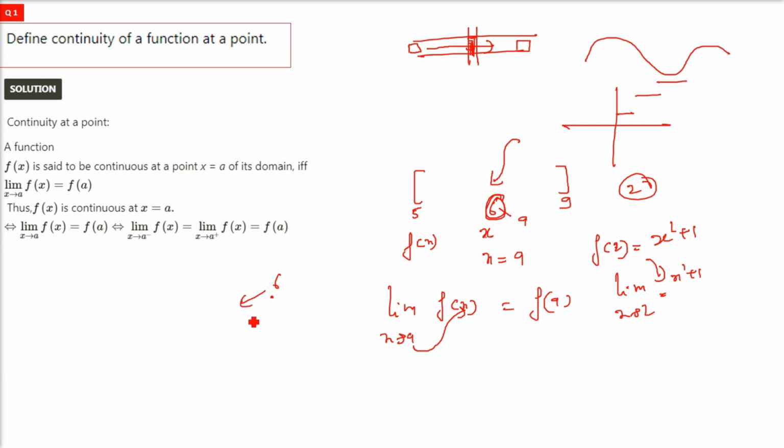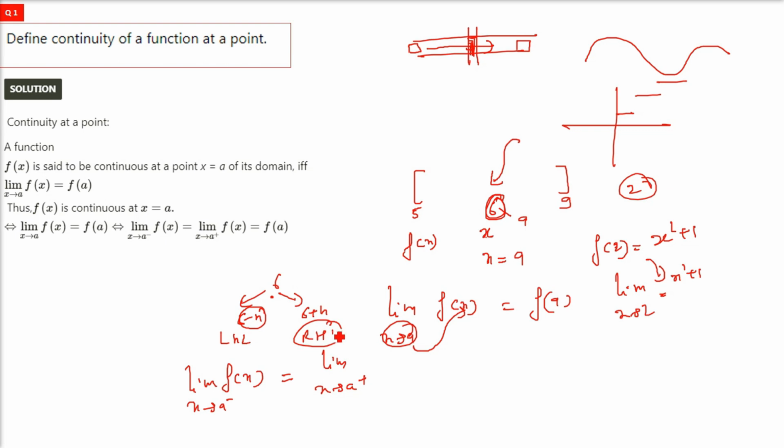So in order to check for 6, that is A, you have to go a bit behind, that is 6 minus h, and a bit forward, 6 plus h. That is, the left hand limit and right hand limit should be equal, and that should be equal to the value of the function at A. So for the left hand limit you write limit x tends to A minus, and if you are going a bit forward, limit x tends to A plus.